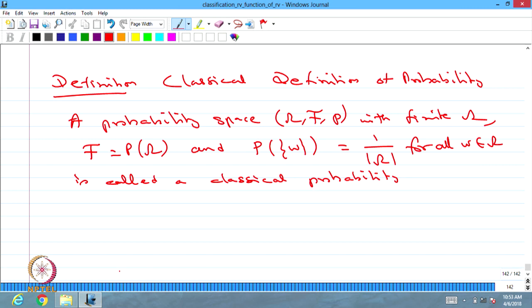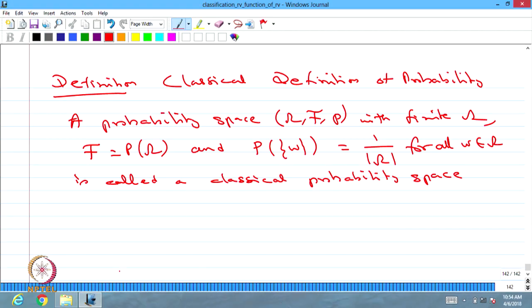It is a classical probability space, because we are defining a probability space omega, F, P with conditions on omega, F as well as P. It's basically a special case of a probability space, where omega is finite and F is the largest sigma field, which is the power set of omega, and the probability measure P is defined on each possible outcome as 1 divided by the total number of elements in omega, which is finite, for all w belonging to omega.